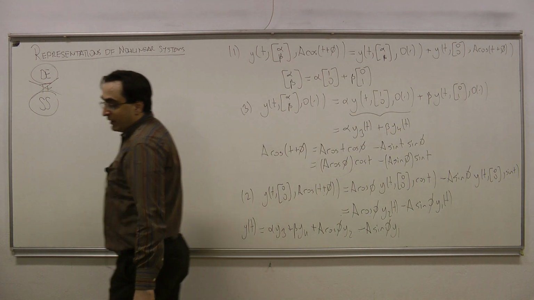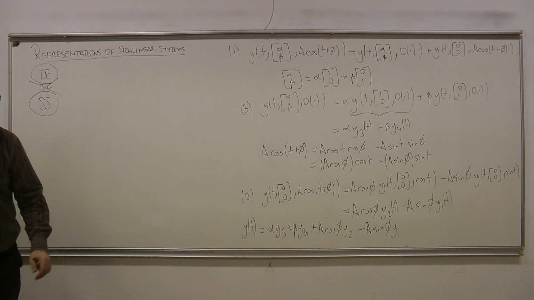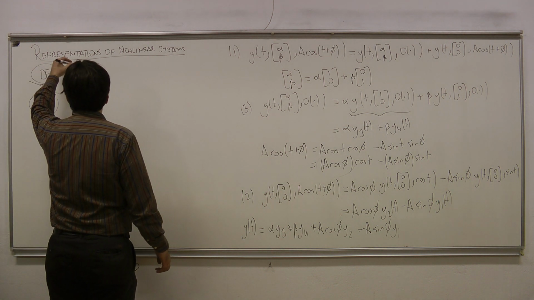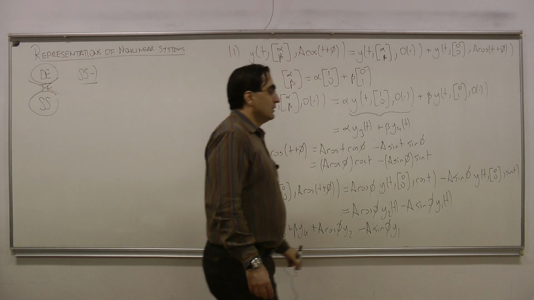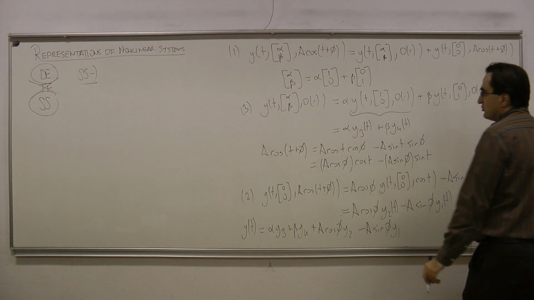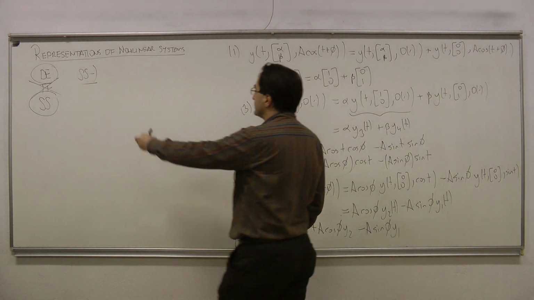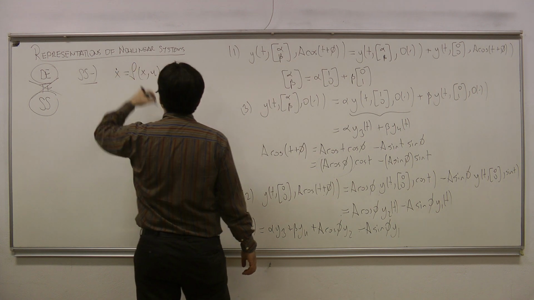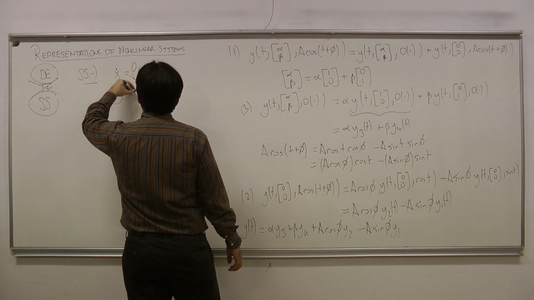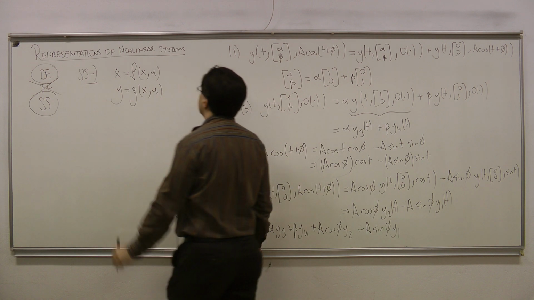So now let us try to look at what a state space representation would look like for a nonlinear system. I will first write a generic nonlinear state space representation. So x dot is equal to f of x, u, and y is equal to g of x, u.